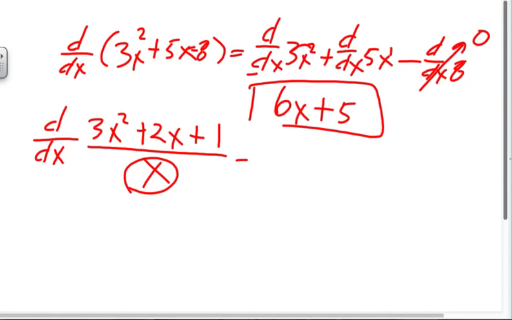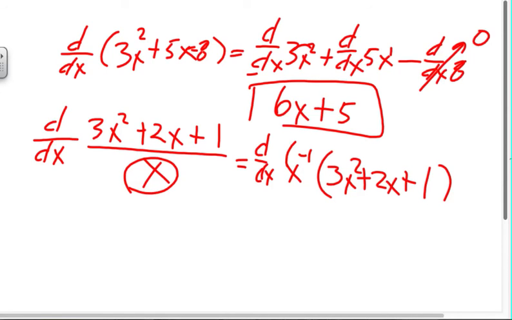So that means I'm taking the derivative of x to the negative 1 times 3x squared plus 2x plus 1. You should recognize this type of problem. I get you do one of them in pre-calc.